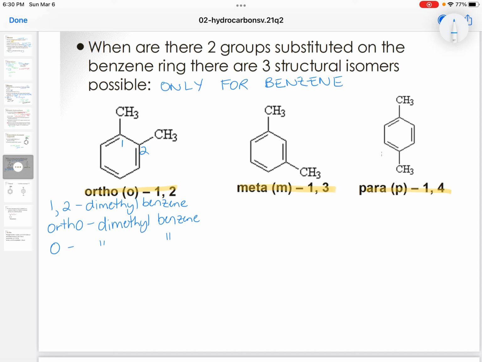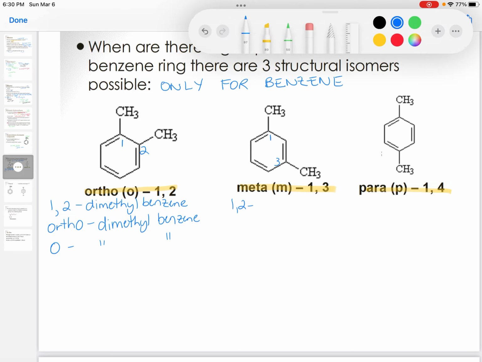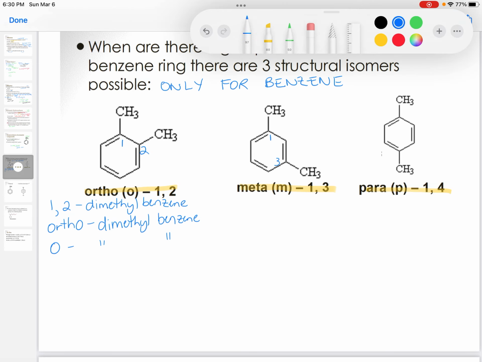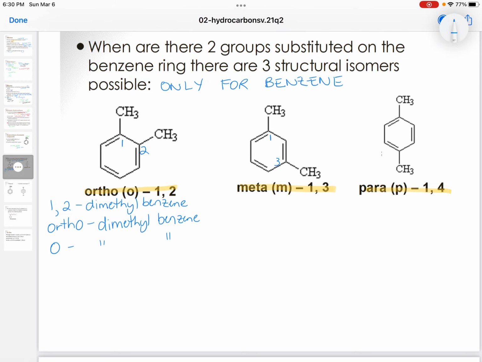So same thing here, we have carbon 1 and then carbon 3, so we use meta. Because we always want the lowest number. So we're not going to count to the left and say 1,5. That's not a thing, because we still want to follow the golden rules of organic chemistry.